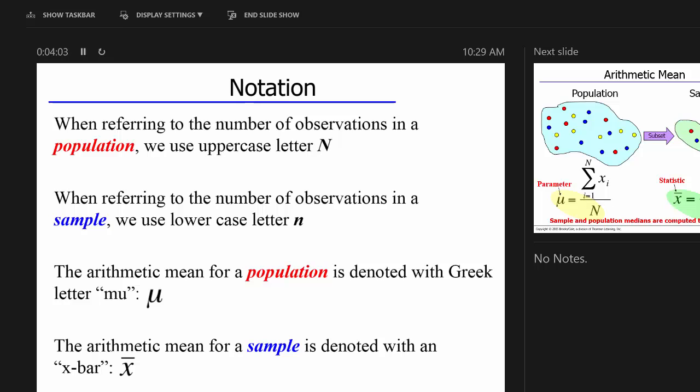So, for example, if you compute the average from the entire population, that would be a true population average, and we're going to use the Greek letter mu to denote the mean for the entire big fat population, which we never can get, by the way. In most of the cases, this is our goal that we cannot achieve. The average for the population is what we want to know, but unfortunately, we don't have the population data.